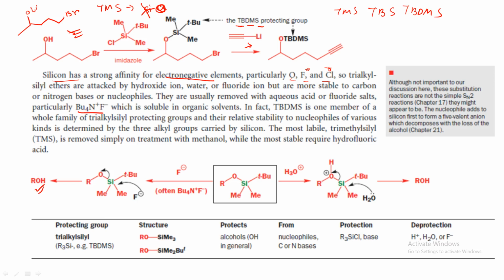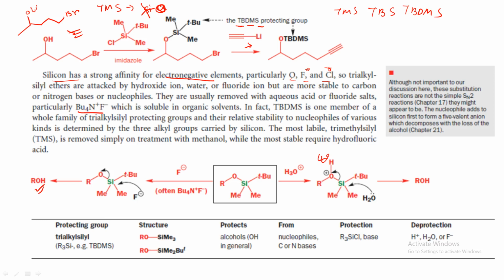In presence of acid also we can easily deprotect, because after protonation it becomes a good leaving group, and H2O can attack silicon. Sometimes with methanol also deprotection happens.